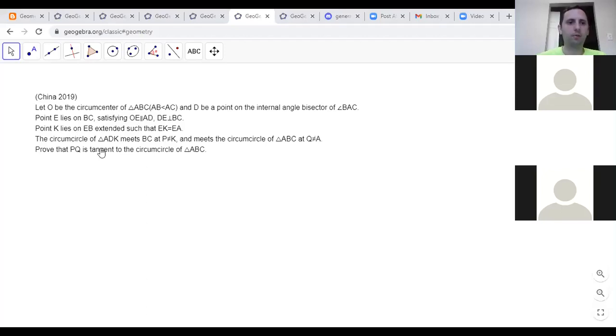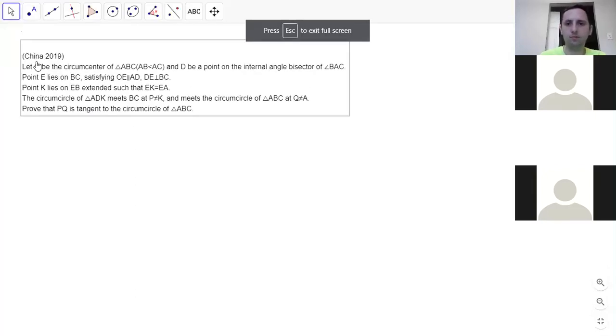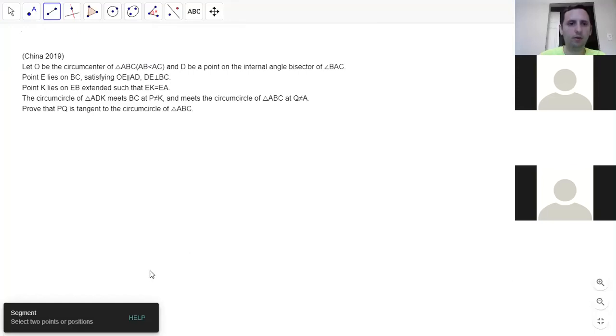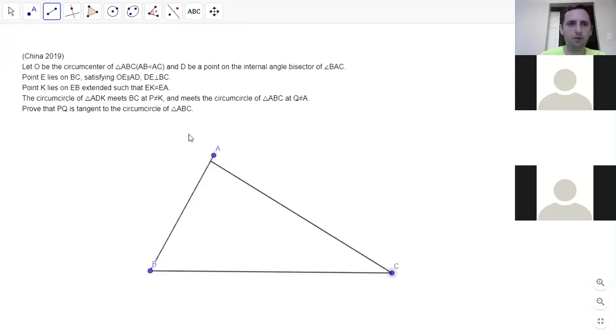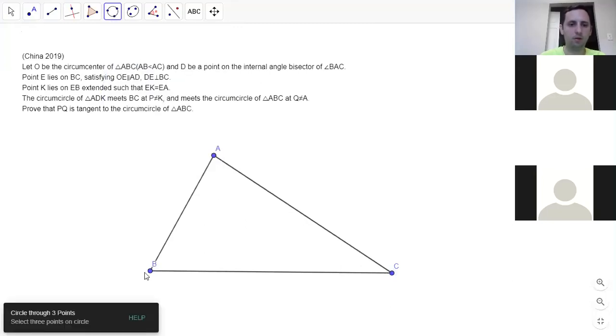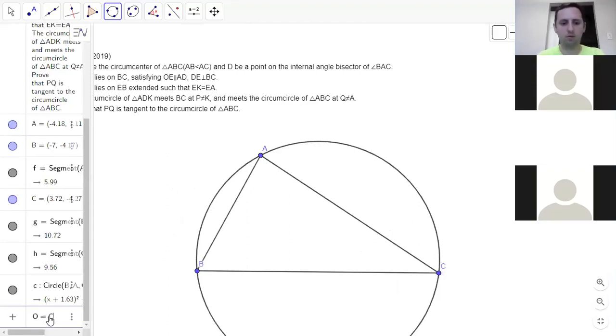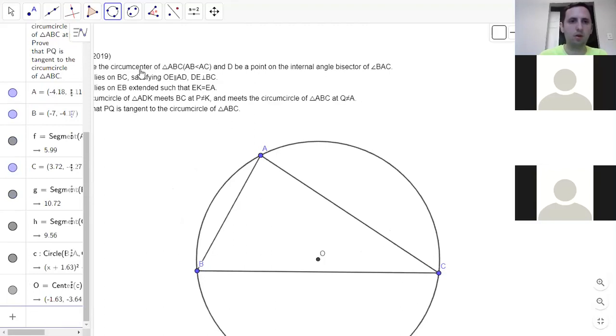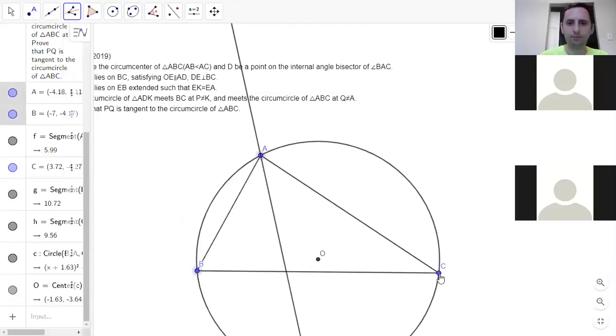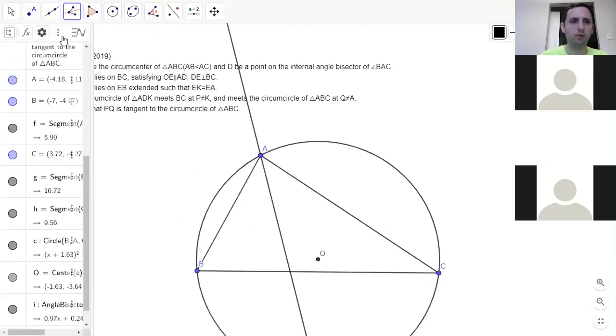Okay, I'll try this one. So I didn't do LaTeX for this yet.